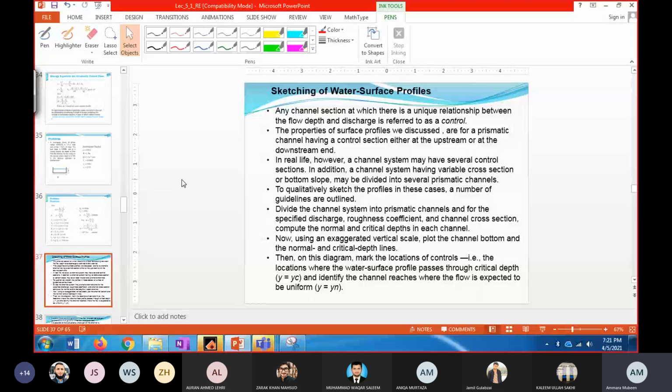So this should be done first. At any control section, the depth of flow will pass through the critical depth line. And you have to also identify the channel reaches where flow is expected to be uniform.